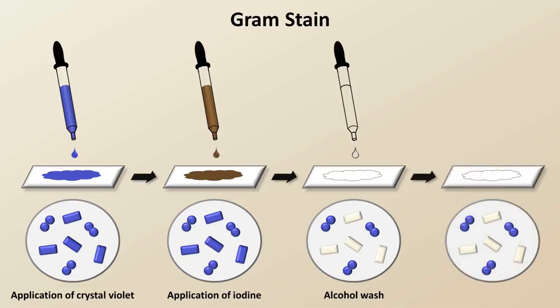Finally, a counterstain, usually a compound called safranin, is added, which doesn't disrupt the gram-positive cells which have retained crystal violet, but which do stain the gram-negative cells pink. Thus, in this example, the unknown diplococci are gram-positive, and the unknown rods are gram-negative.